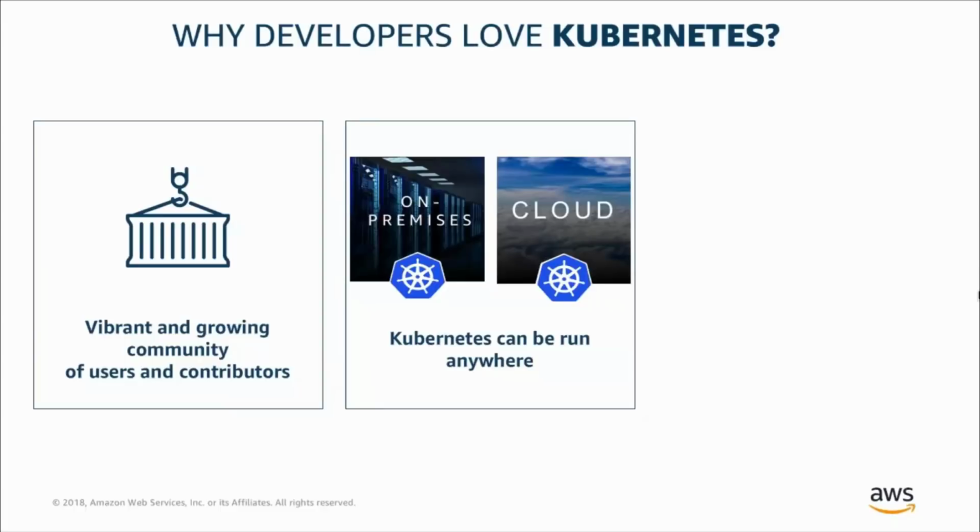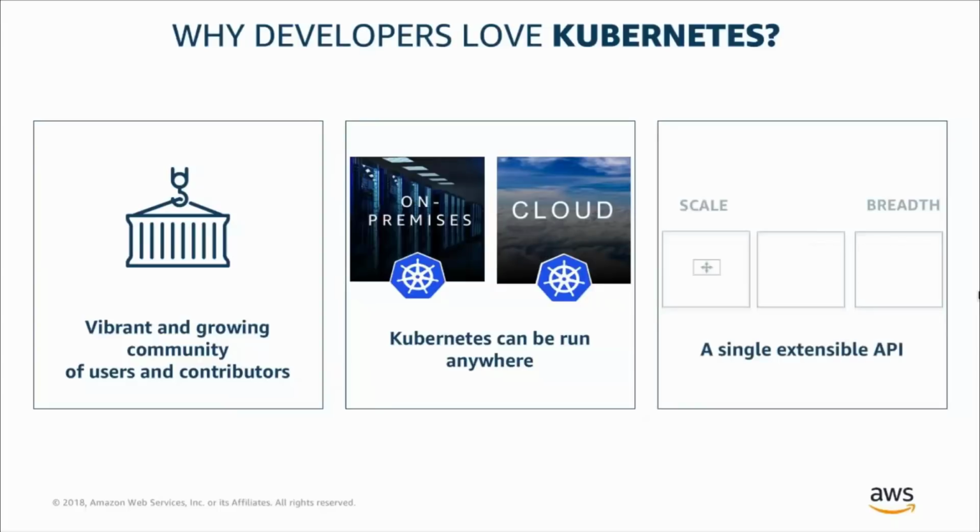They might be making some investments on-prem now, and they might have legacy applications running on-prem. So they can run Kubernetes on premises and migrate those legacy applications into containers, build their applications in a cloud native way on-prem, and then move to the cloud when they are ready.